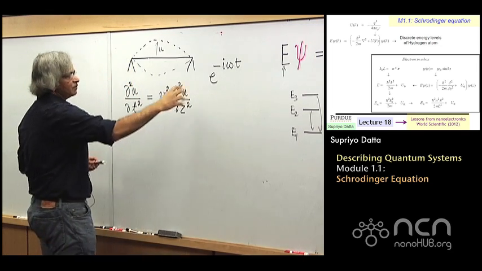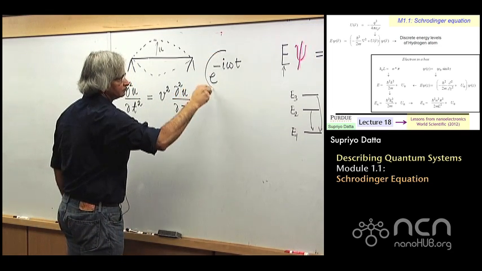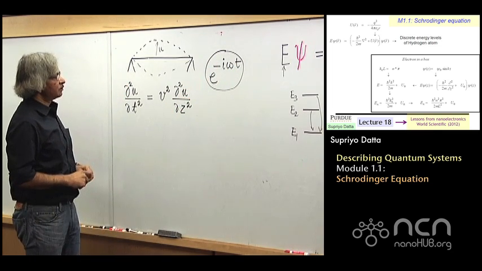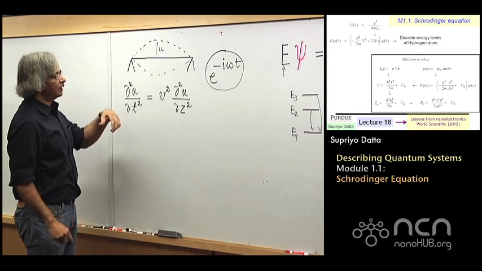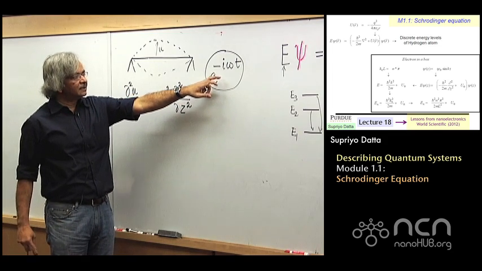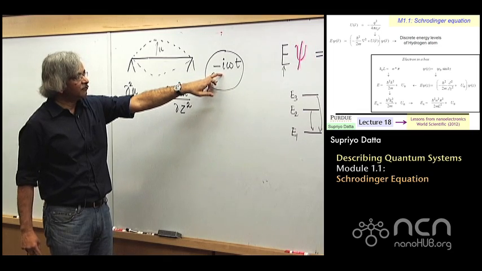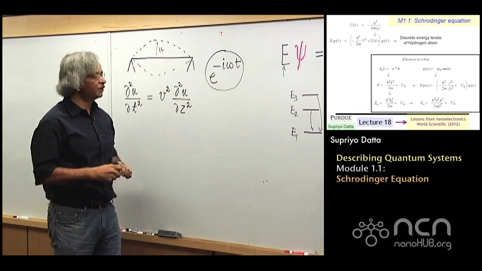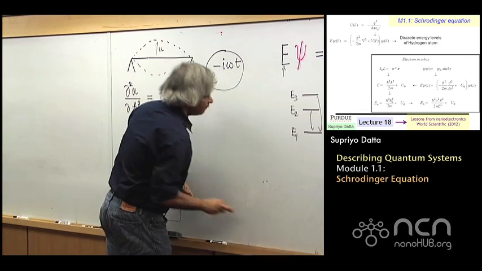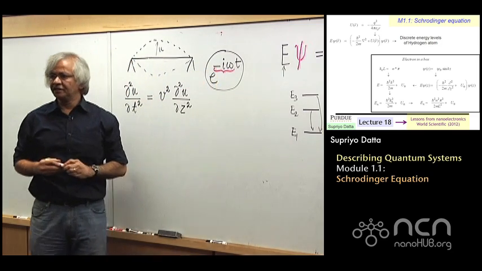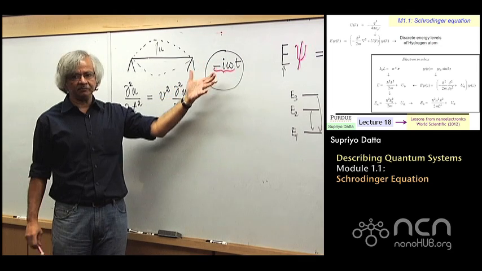If we assume a solution of this form, the nice thing about exponentials is that taking derivatives is very easy. Taking the derivative with respect to time is equivalent to multiplying by minus i omega.